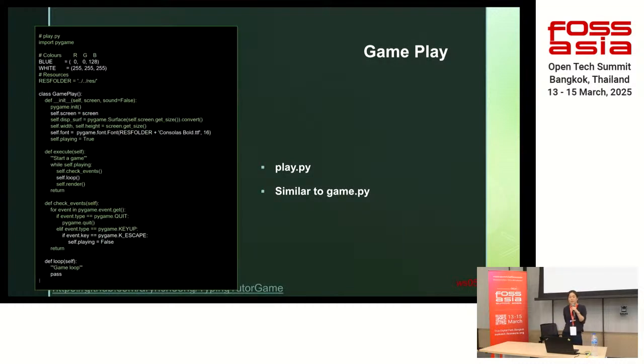Okay, next, workshop 5. What we do now is we actually go into the gameplay itself. So similar to game.py, what we have previously is just all the code in game.py. Now we just prepare a new file called play.py. And inside play.py, we'll put in our gameplay itself. Right? So we prepare the fonts first. What are the fonts we want?